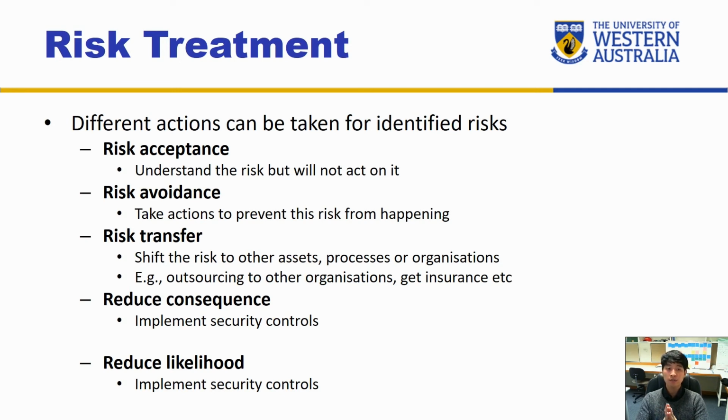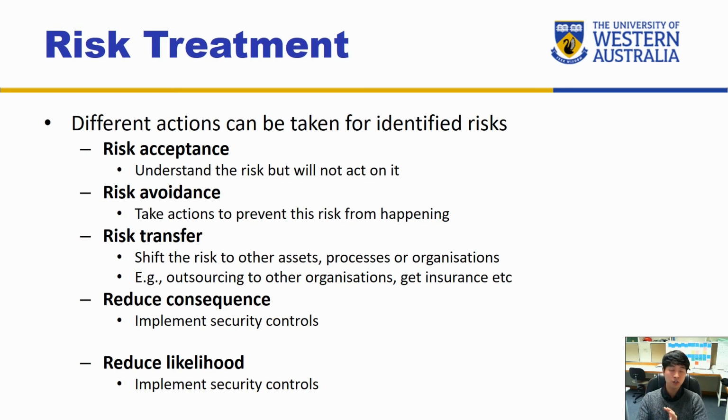Yeah? There's risk avoidance. Take actions to prevent this risk from happening. Which means you're trying to not implement some features that will enable such risk from happening. An example here would be that your system uses C, which potentially has buffer overflow vulnerabilities. So you wipe that out and use Java instead.